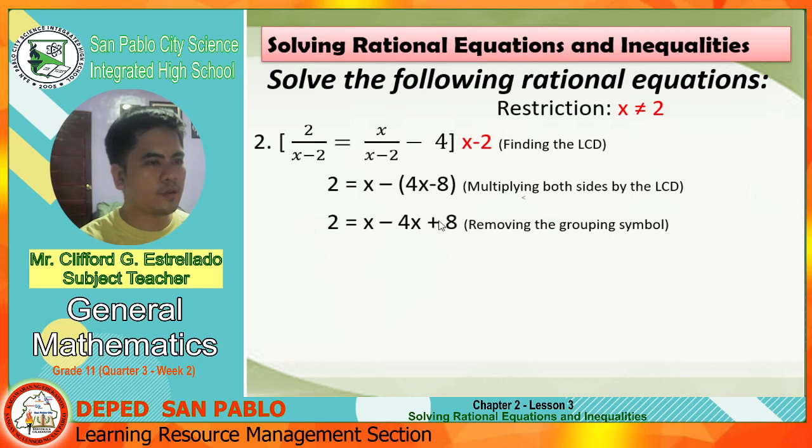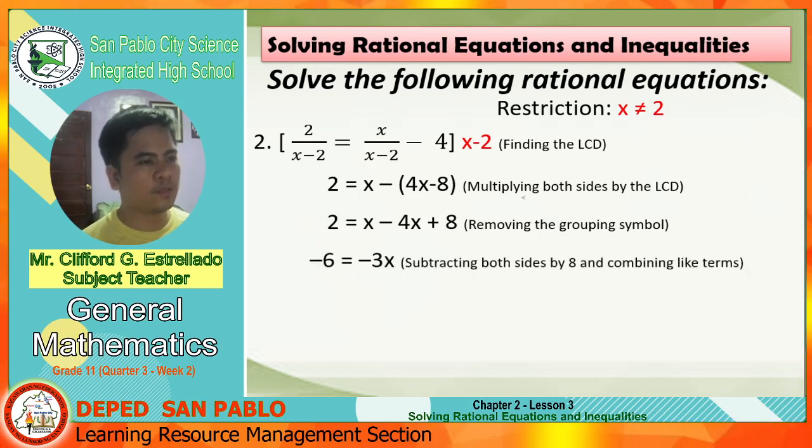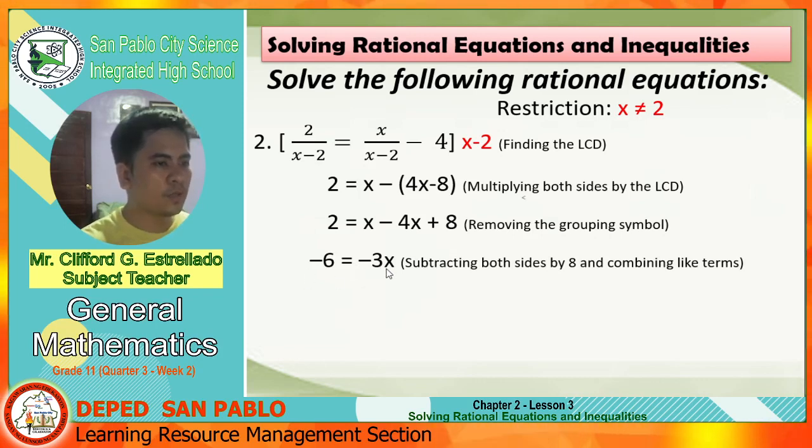And then we can also subtract 8 on both sides of the equation. It will give us negative 6 is equal to negative 3x. Then dividing both sides of the equation by negative 3 will give us x is equal to 2.